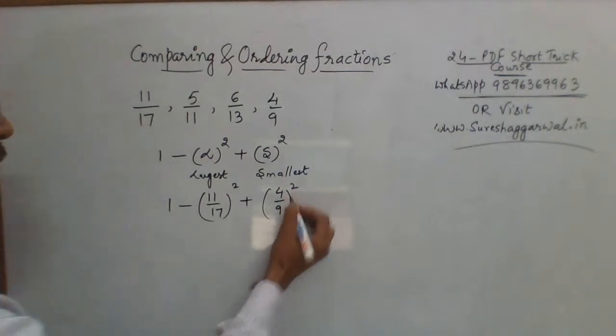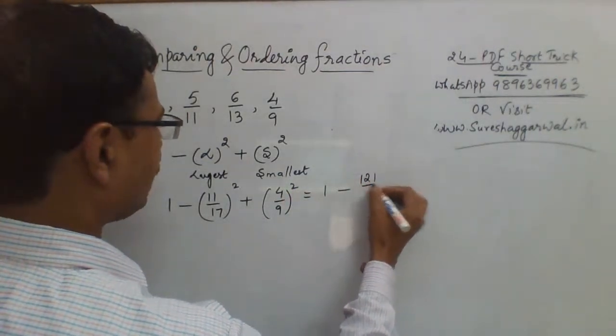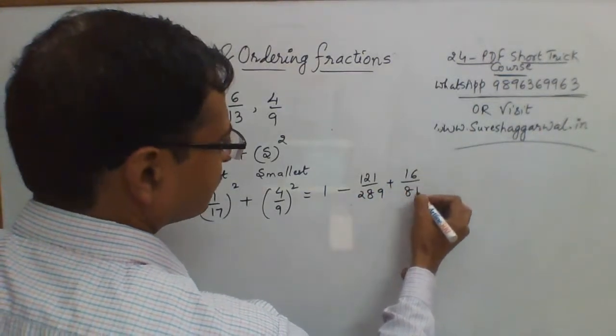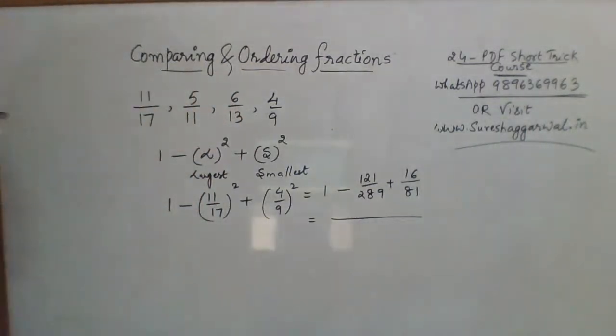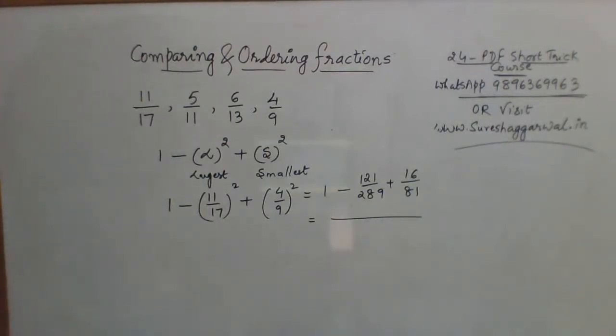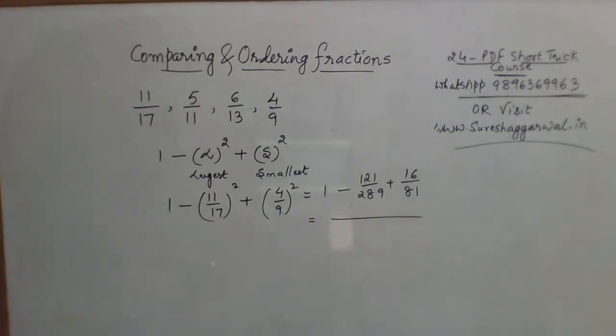Now this is what you need to do here. This is 1 minus 121 by 289 plus 16 by 81. This is something you need to practice. Finding the LCM is very difficult here, because this number is not divisible by 3 and 81 is divisible by 3 only.